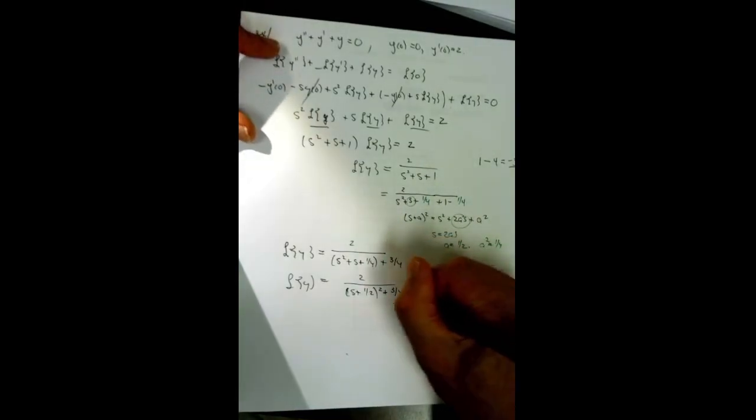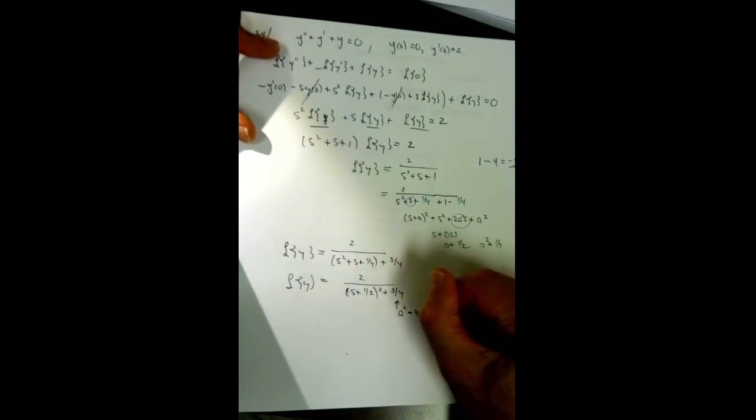So in this case, my a squared is 3/4. So that's going to be square root of 3/4. So let me pull the 2 out. So this is going to look like sine, but to be sine, I need the square root of 3/4 there.